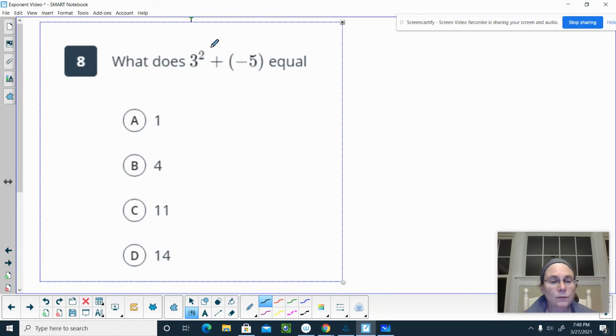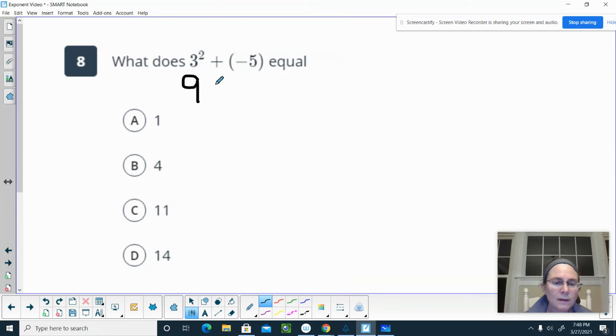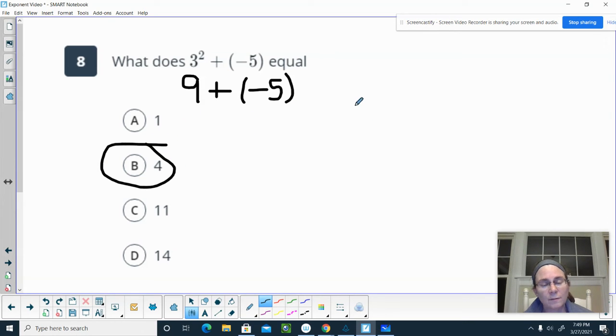Okay, so 3 to the 2nd is 3 times 3, which is 9. Now we have 9 plus a negative 5. 9 plus negative 5 is the same thing as 9 minus 5, which is 4. If you wanted to use the number line, you'd start at 9 and you'd subtract 5 from it, which brings you to 4.